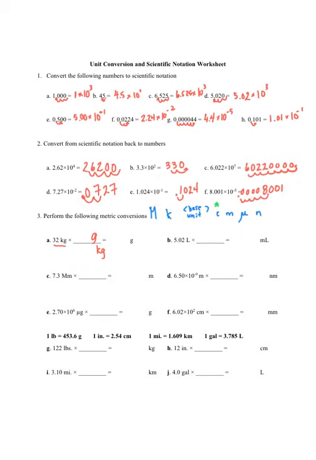Converting meters into nanometers requires us to think about the skips from a base unit of meters down to nano, which is a factor of 1,000 to get to milli, a factor of another 1,000 to get to micro, and yet one more factor of 1,000 to get to nano.